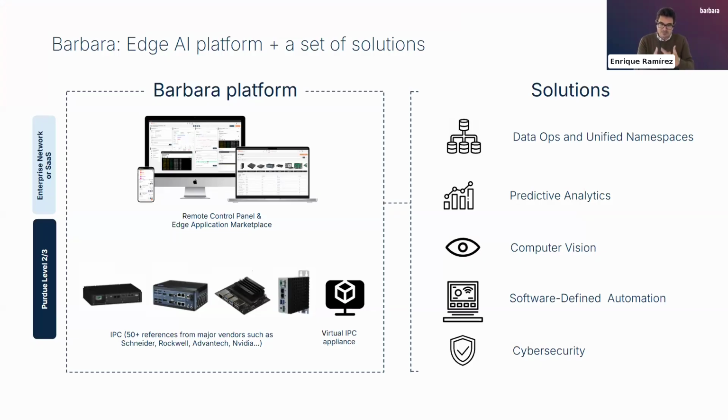For example, using the Barbara platform, we can deploy UNS. That is one of the most popular use cases recently. What we are doing is mainly deploying this kind of UNS architecture that helps you to have a single source of truth with standardized data, using a unified namespace.